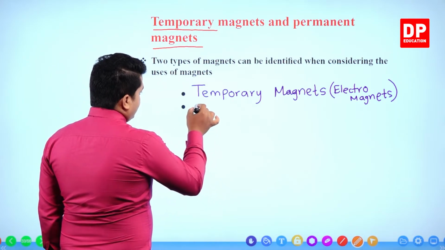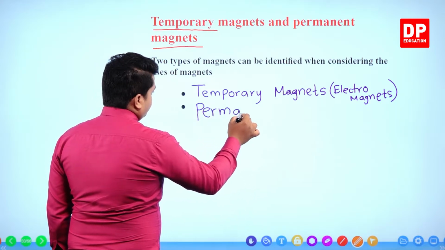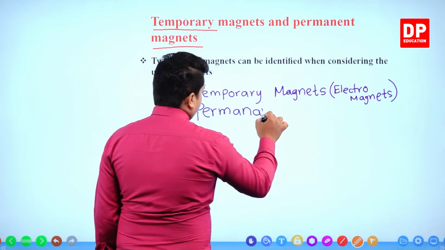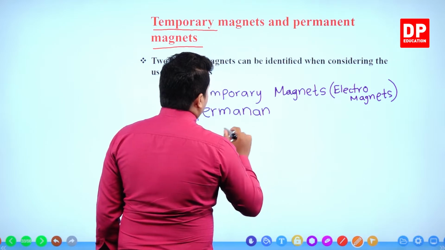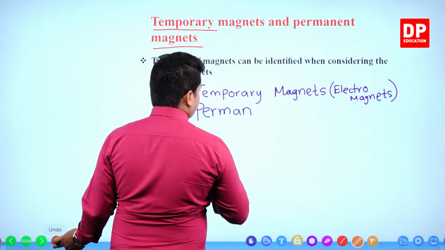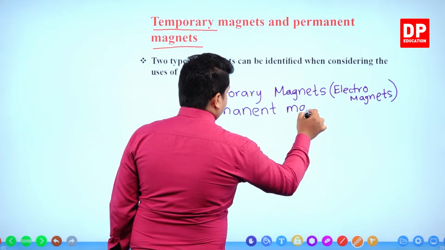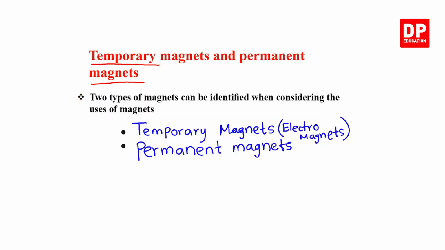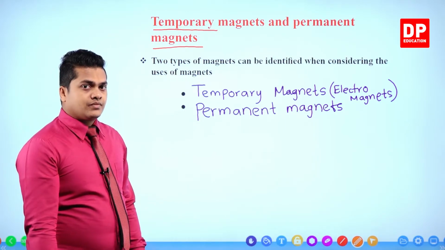Then the next one is permanent magnets. First one is temporary magnets, and the second one is the permanent magnets.